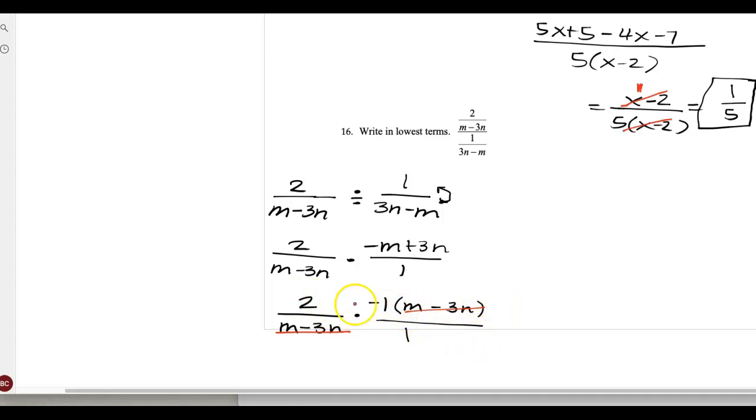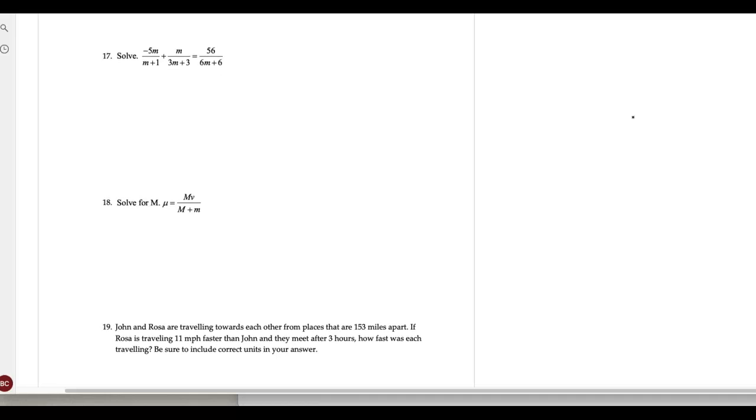If I multiply across the top, 2 times -1 is -2, so -2 is my answer. So that's one way you could go about it. But if there's a way you've been practicing in the homework that you liked better, then use whichever way works best for your brain. That's what I always want you to do.